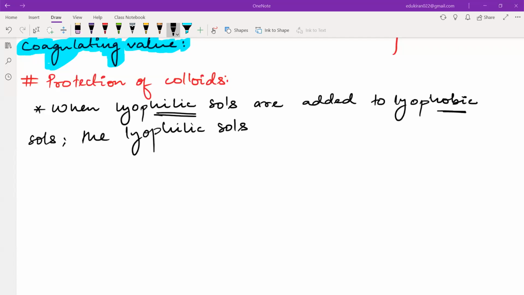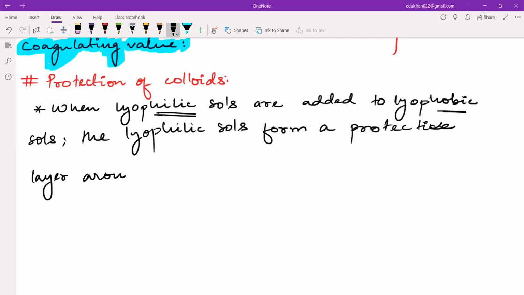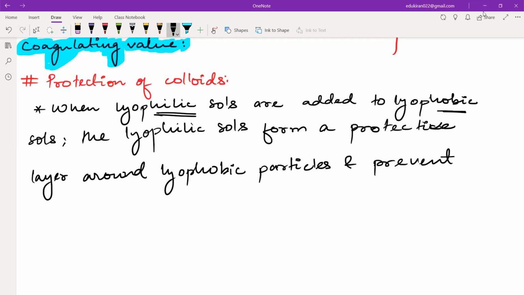They form a protective layer around lyophobic particles and prevent them from coagulation.